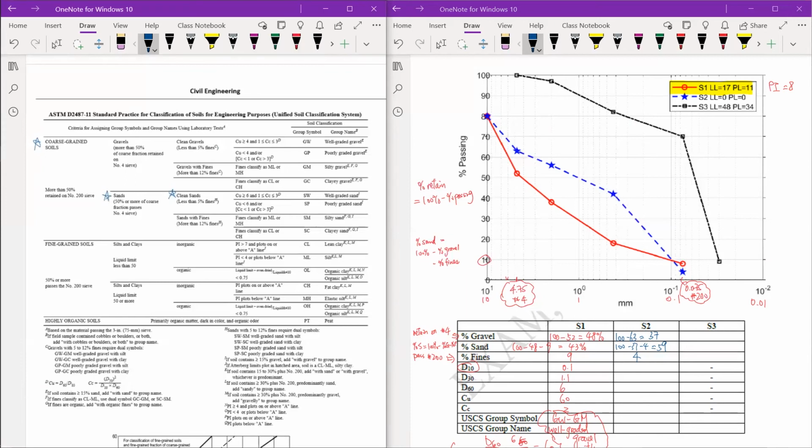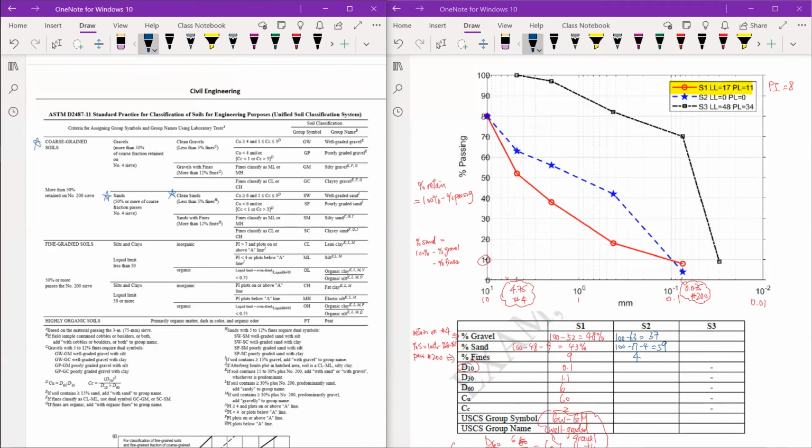And we need to read the subscript over there. In this case, we're not between 5 to 12%, we are less than 5%, so we use the clean sand materials. Next, in order to determine whether it's well-graded or poorly graded, again we need to read the D10, D30, and D60 parameters.